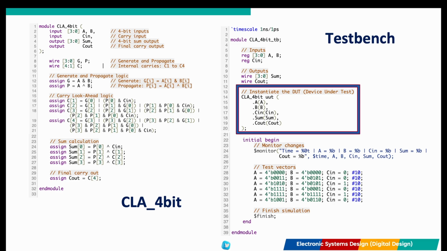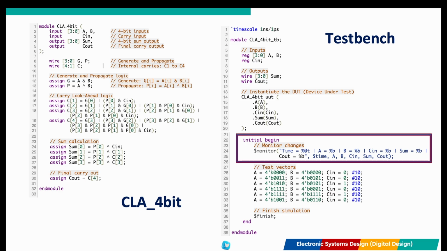We instantiate our unit under test, UUT, mapping the ports of our 4-bit adder to our testbench signals. To help us debug, we use the monitor command, which acts like a live feed in our simulation console, printing the values of A, B, and sum every time they change.